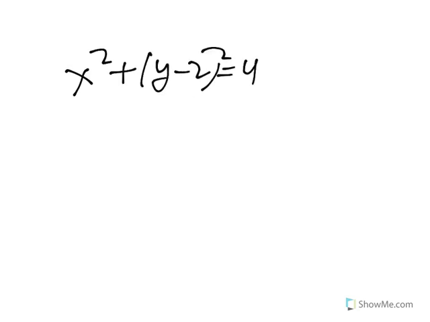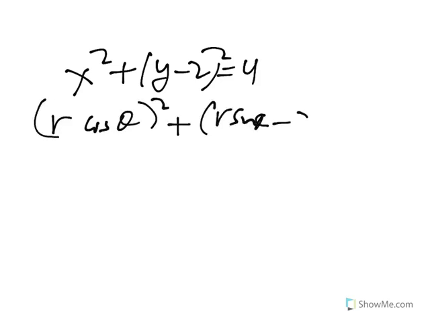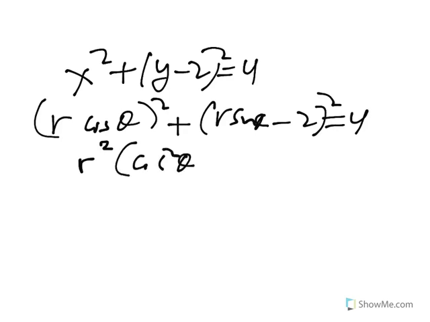We could go in the other direction also. If I have x squared plus y minus 2 squared equals 4, I could change the x to r cosine theta and change the y to r sine theta. Eventually this would turn into, pretty complicated, it would turn into r squared. If I did FOIL and everything, we'd end up with this, cosine squared theta plus sine squared theta.